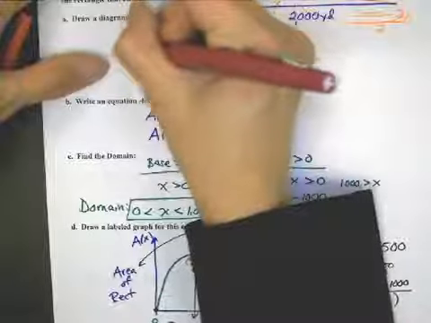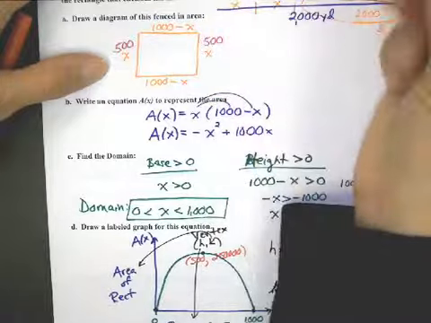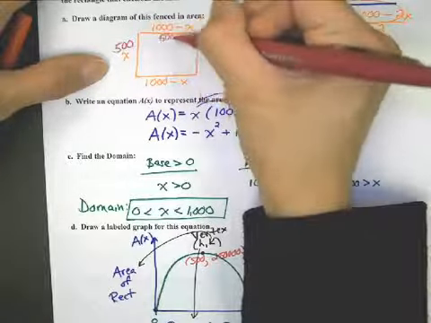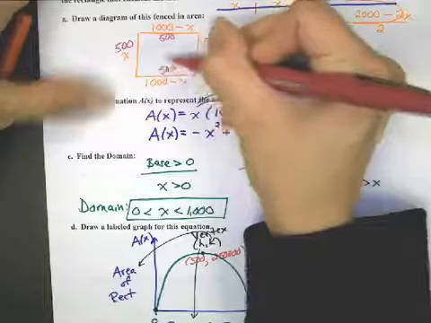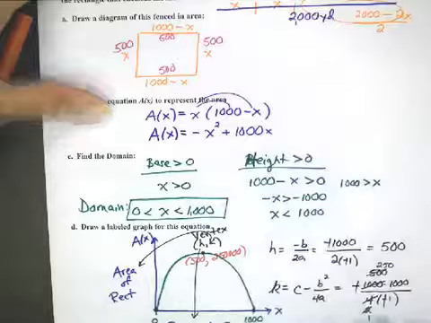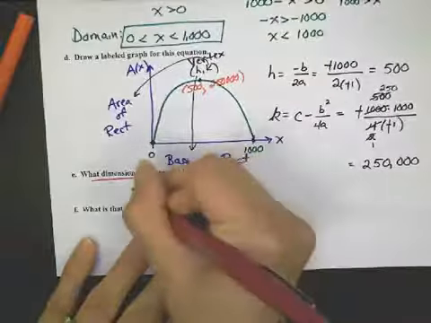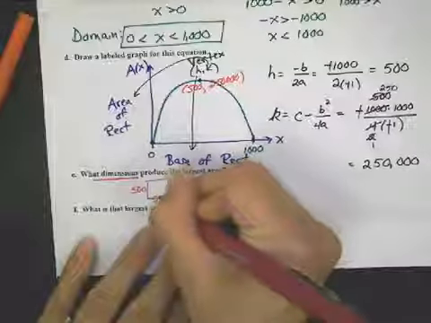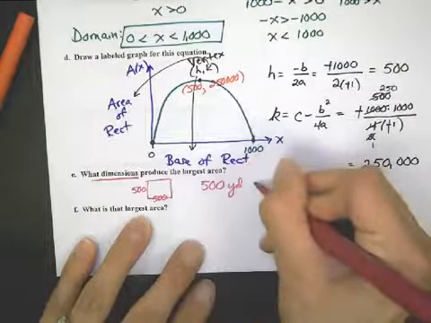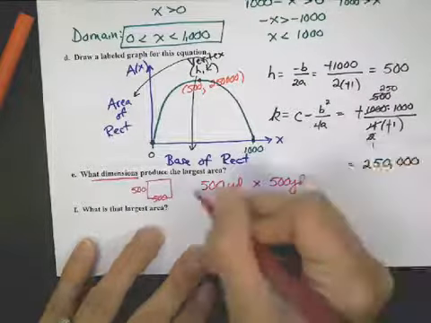So let's put 500 in for x. 1,000 minus 500 makes 500. So this rectangle is 500 by 500. Let's not forget units. So the dimensions of the rectangle, some people like to see a rectangle like that, is 500 yards by 500 yards.